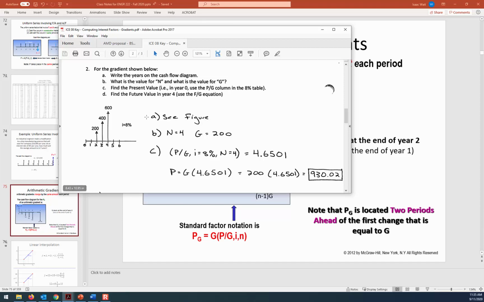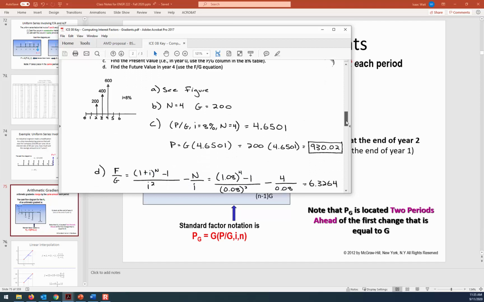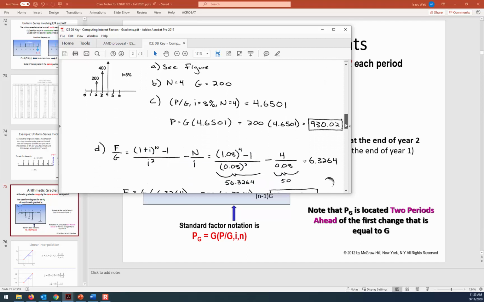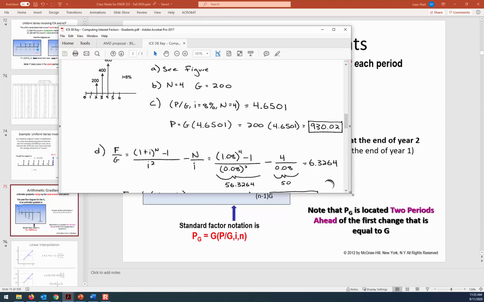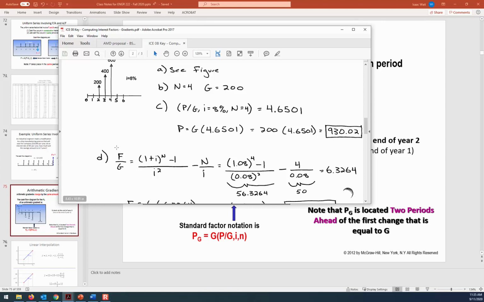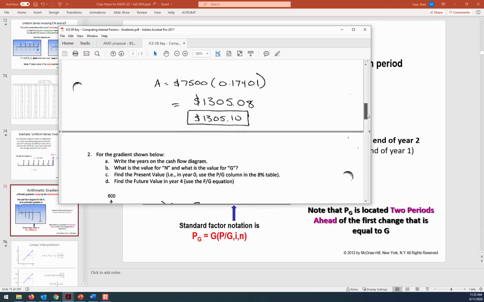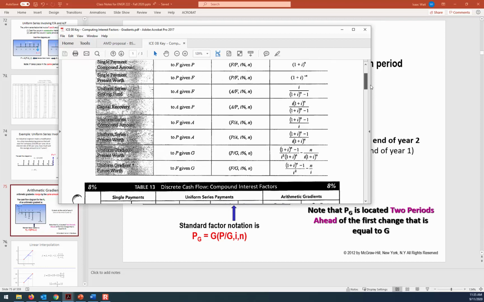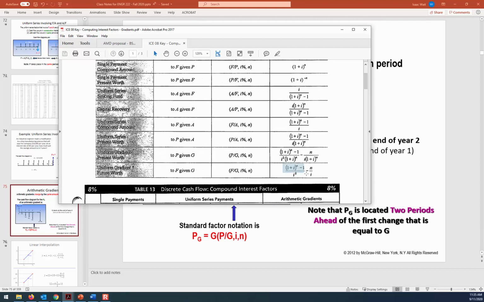But we're going to do this using the F/G equation. So here you can see the substitutions that I've made to find the factor. We start off with the equation itself. The equation for F/G is here.